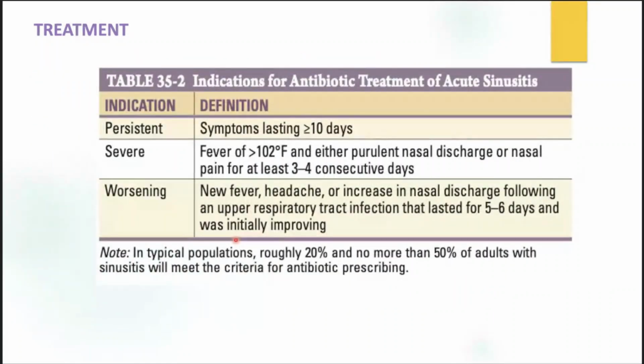So we consider it a persistent sinusitis if it lasts more than 10 days, severe if the patient has fever, purulent nasal discharge, or nasal pain for at least 3 to 4 consecutive days, and a worsening sinusitis if it's new fever, headache, or increase in nasal discharge following an upper respiratory tract infection that lasted for 5 to 6 days and was initially improving.